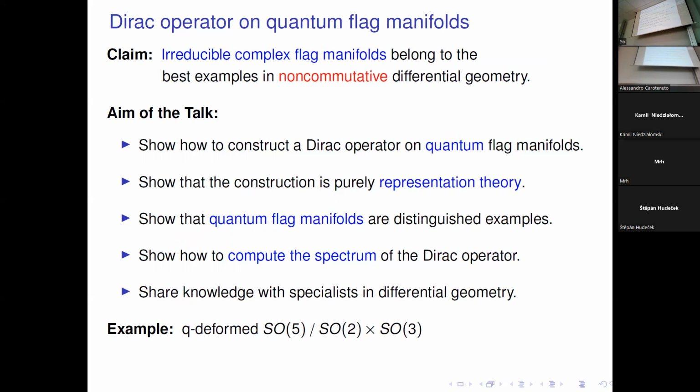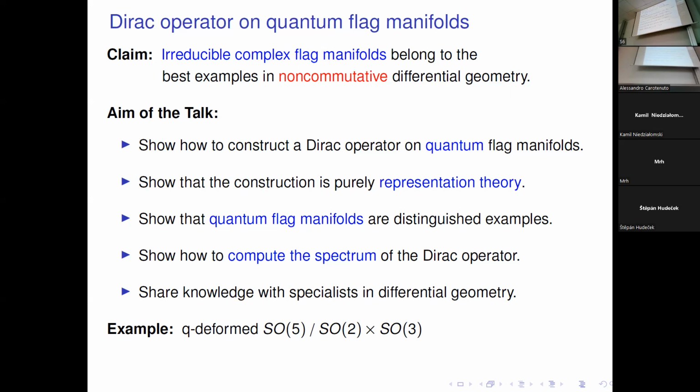So in non-commutative geometry, the problem is we don't have coordinate charts. But if you study quantum homogeneous spaces, we can use a lot of representation theory. Representation theory is always global. You don't need coordinate charts, and that will work.